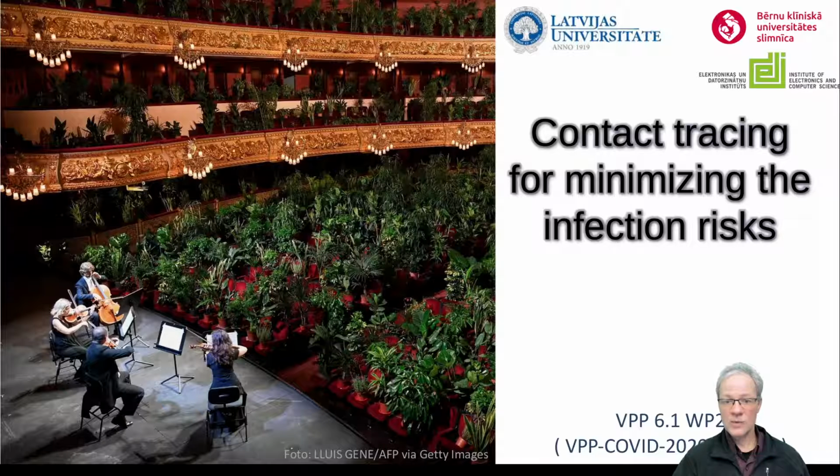Okay, so the next project is going to be about the Opera. Well, not just about the Opera. In fact, it's going to be about minimizing the infection risks using contact tracing. So what is contact tracing? Contact tracing is when we try to figure out who has been in contact with whom, for how long a time, at what distance.